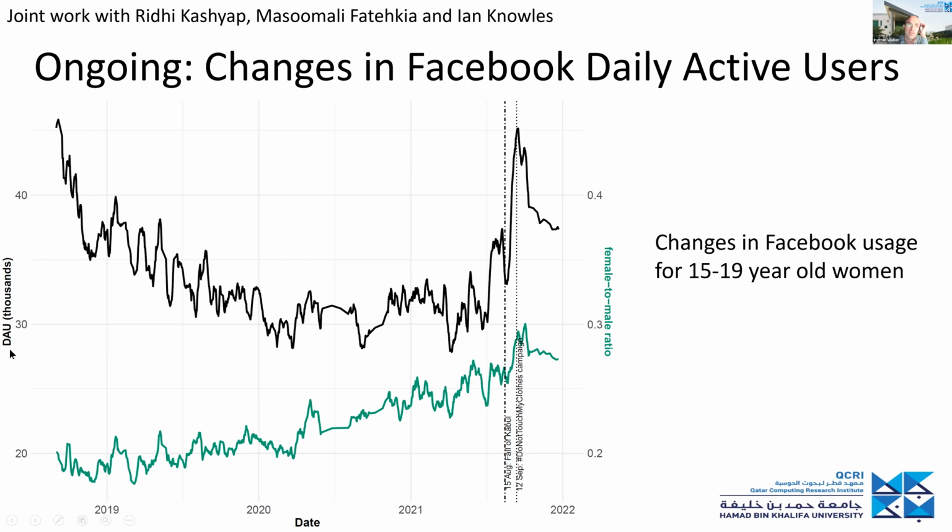In black, these are the daily active users, the DAU in thousands, over time. Here, this is just the usual decay. I say usual because among this age group, Facebook is usually losing market share all over the world, to Instagram, which is still Facebook, and Snapchat and TikTok and others.